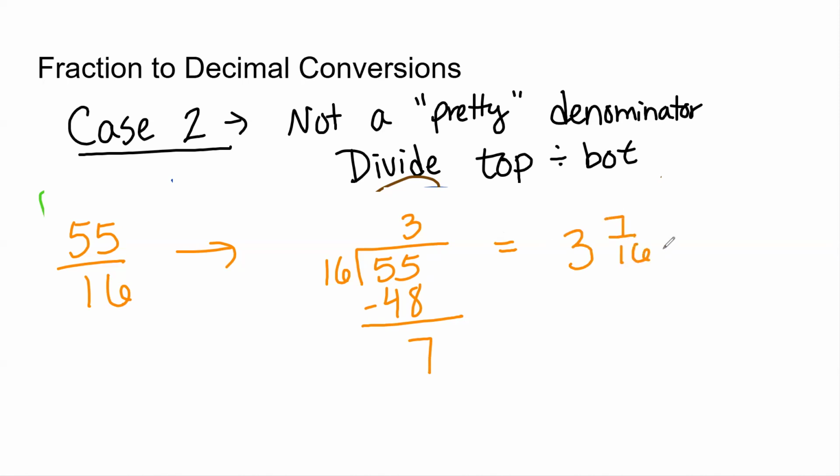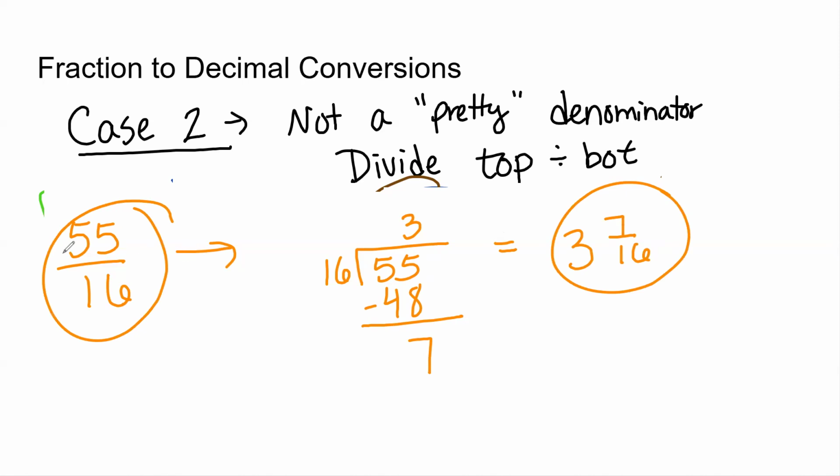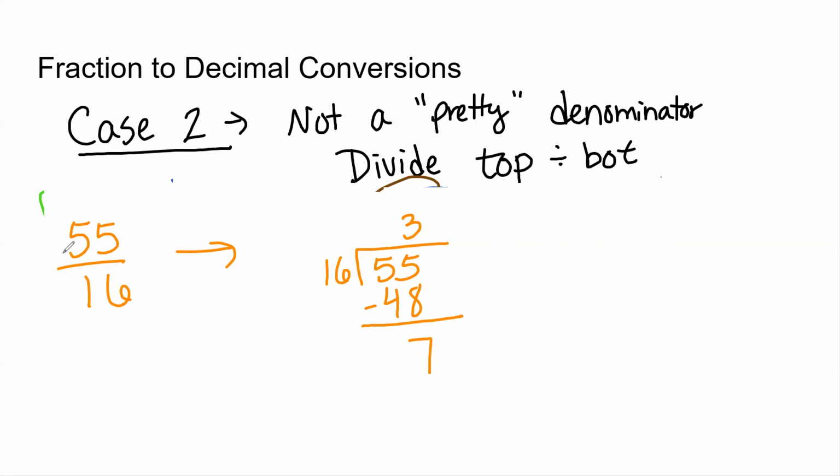So if your assignment is turn this fraction into a mixed number, you got it. But we want to turn it into a decimal. So you don't actually stop the division there. You say, okay, how many times does 16 go into 7? Well, it doesn't. So this is where you put the decimal. Go straight up and add a 0.